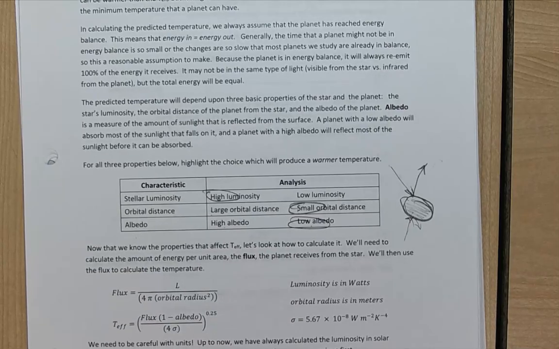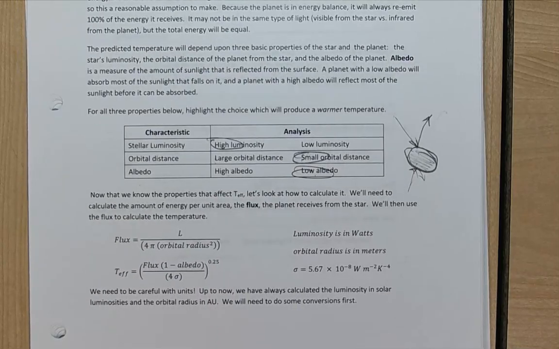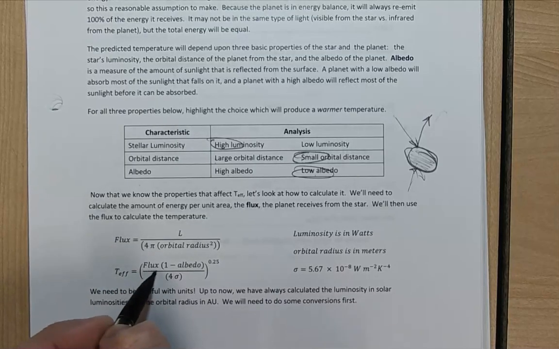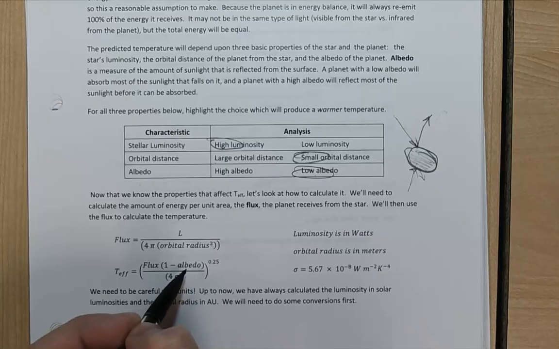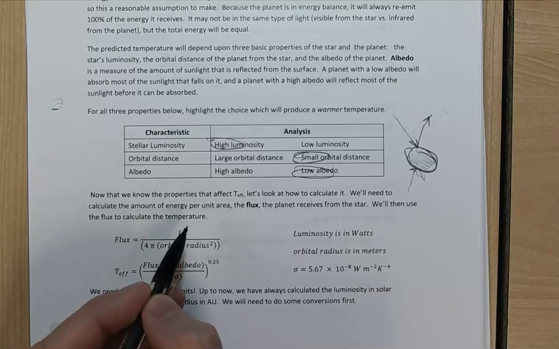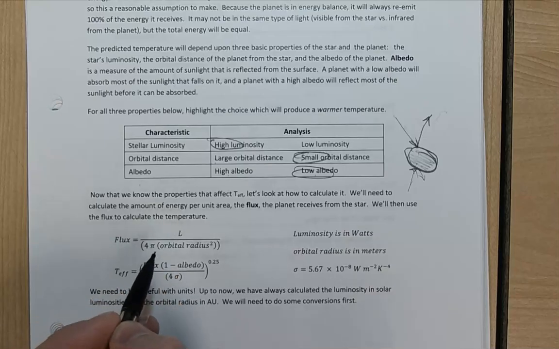Okay. So then we got these two formulas here, right? In order to get the effective temperature, we need to know the flux and the albedo. How do we figure out the flux, though? The flux of starlight shining on the planet is the luminosity divided by 4 pi radius squared, or 4 pi distance squared. The orbital distance, orbital radius, same thing.